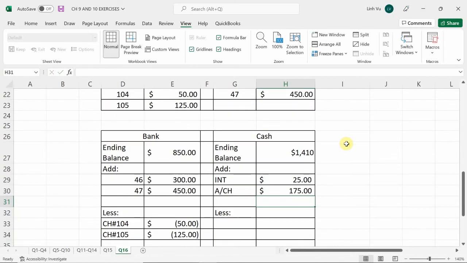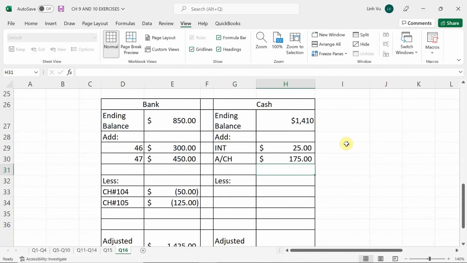Okay. And what are some things that I have to subtract from my cash side? What does the bank charge me that I haven't updated in my checking account? Your banking fees, your NSF fees.